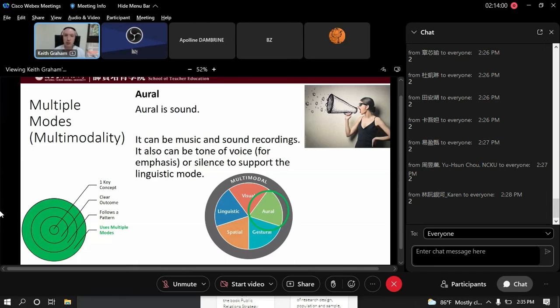If you're writing a script, put lines at places where you should pause before you record the video. Because then you know that you can use this oral mode to help students comprehend the language. And of course, this applies in the class. In English corner as well. As you're speaking, think about how you can emphasize things with the tone of voice and use silence to help them understand and catch key points.